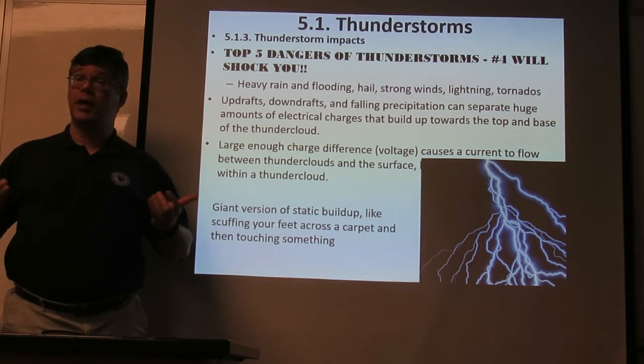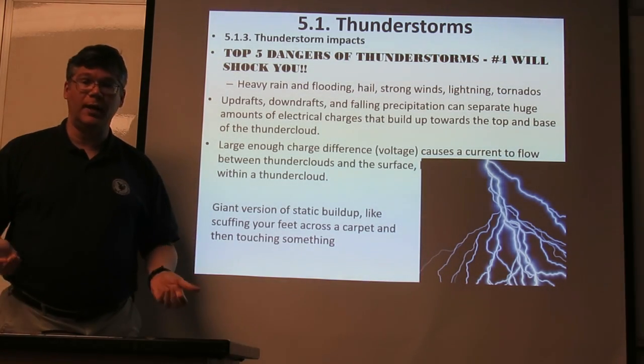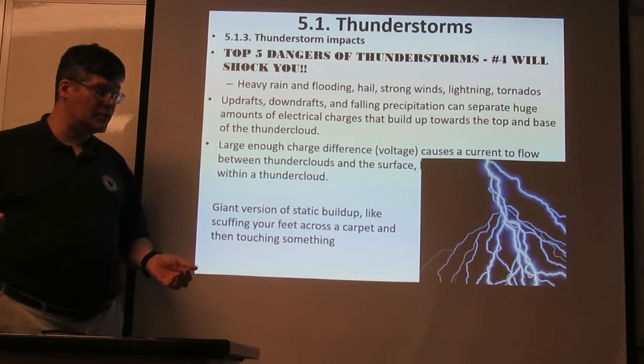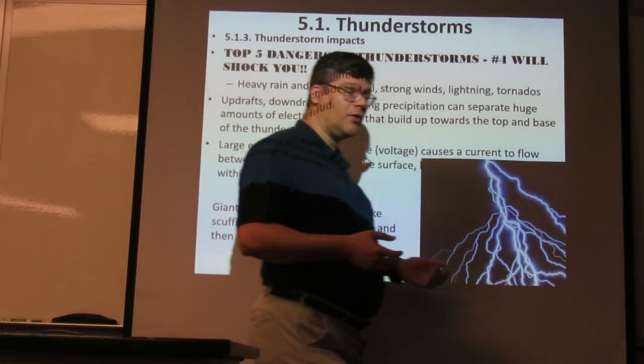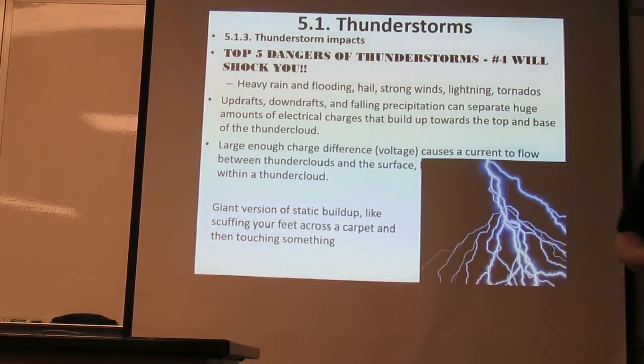And so you get a giant spark, known as lightning. It's the same idea as a spark you can get with scuffing across a rug on a winter day and then reaching out towards a metal surface or a friend or whatever and zapping it. Just much bigger for lightning.